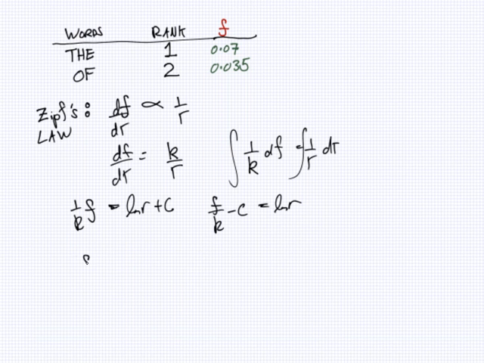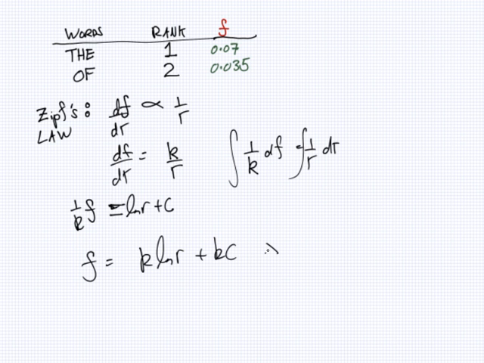So going all the way back here, okay, f equals k log r plus kc. This is what I meant to do. So f equals, let's just call this a log r plus k times c. We'll just call it b then. So I have my formula for f. I need to find the a and the b now.